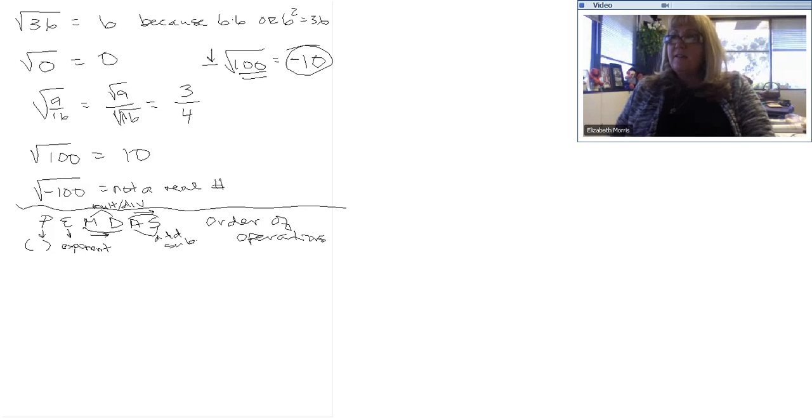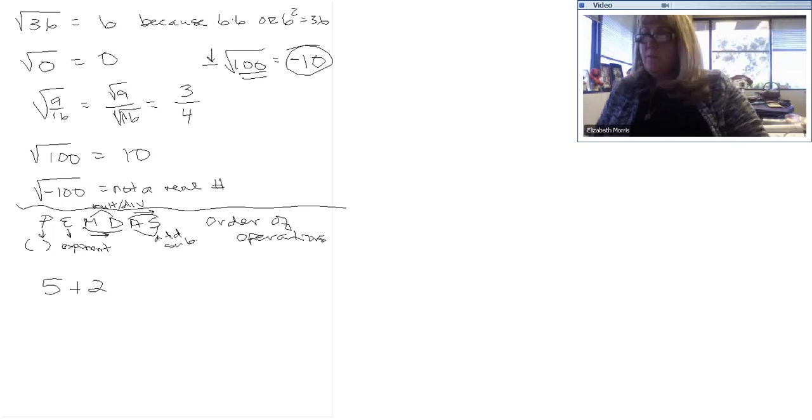If I had this problem right here, in order to simplify it, I have to go through the order of operations. Are there any parentheses? No. Are there any exponents? No. Is there any multiplication or division? Yes, there is. So that is what I do first. Now, is there any addition or subtraction?